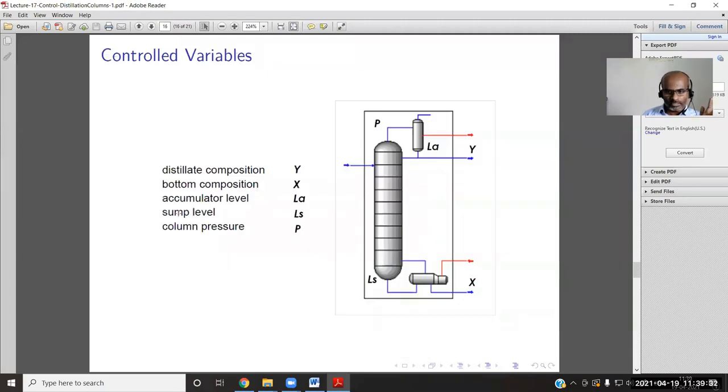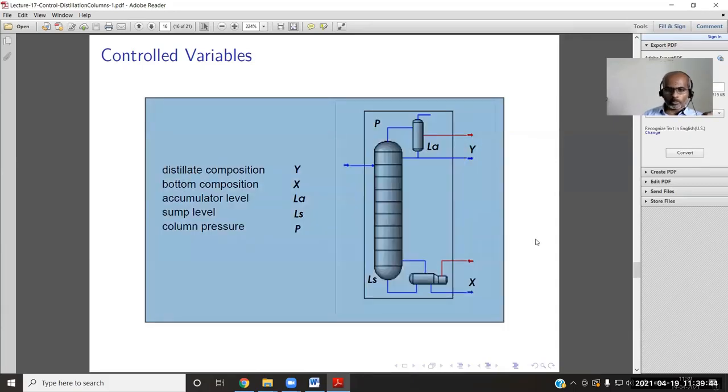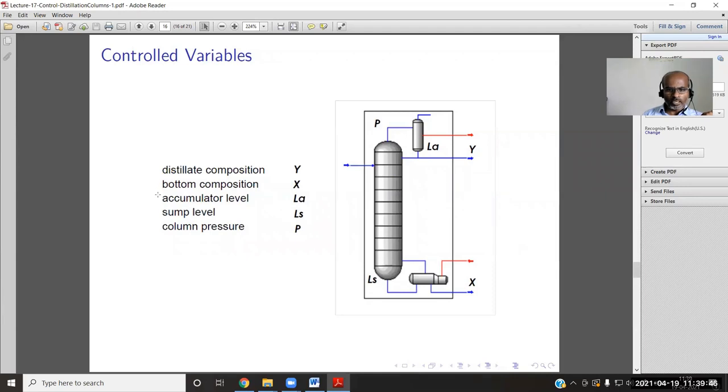Let us see the controlled variables, or the variables of importance. The distillate composition is of prime importance, or the bottom composition. Sometimes either of the compositions will be important, or both. And the accumulator level also will be of importance, provided this Y is going to some sort of processing.